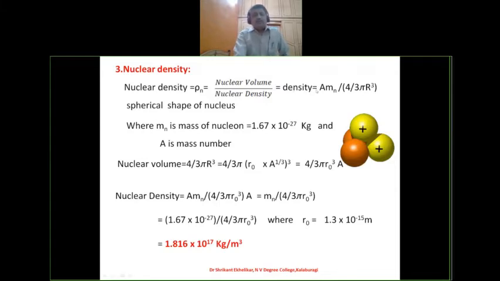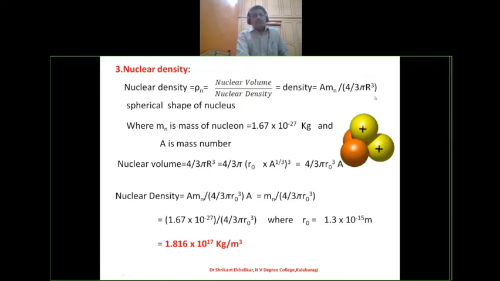So, nuclear mass is A, the total number of nucleons. Capital A is the mass number, which gives the number of protons plus number of neutrons, into M_n. M_n is the average mass of a nucleon, mass of proton plus mass of neutron divided by 2, because proton and neutron are approximately equal in mass. Therefore, we take the average mass. A is the total number of protons and neutrons. So, A into M_n, the numerator, will give you the mass of the nucleus, nuclear mass, divided by volume.